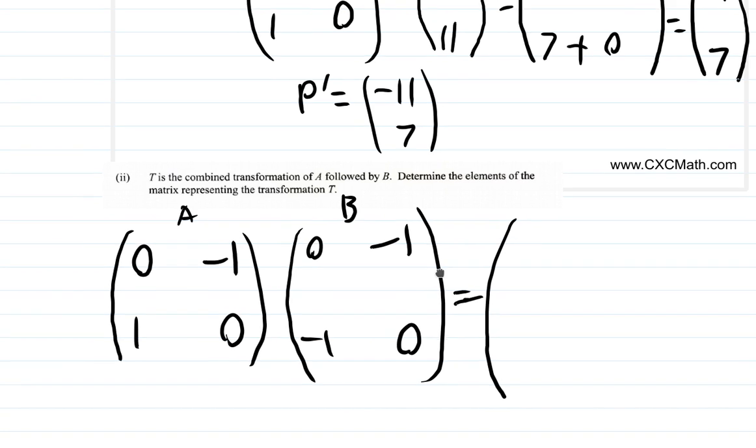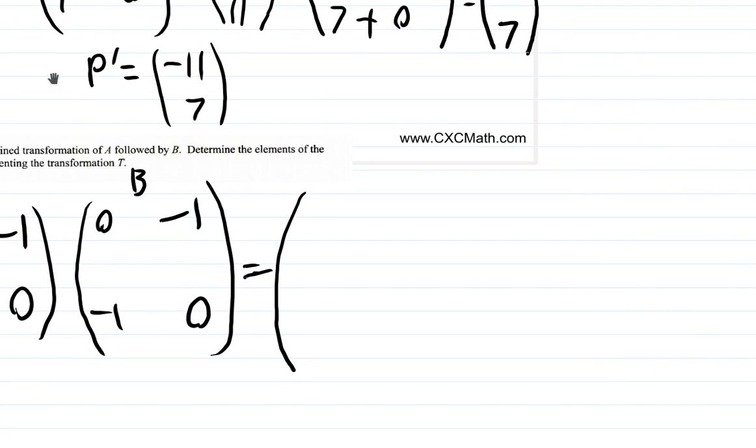If this is going to be the matrix that is the answer, whatever you write here is going to be in row 1, column 1. This is in row 1, column 2. This is in row 2, column 1, and this is in row 2, column 2, right?